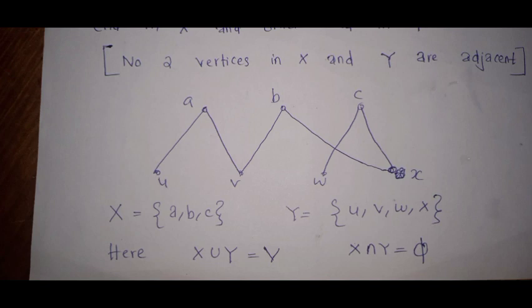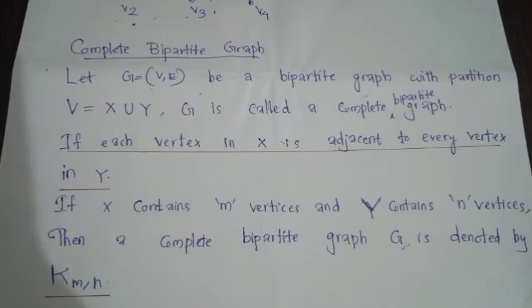That is, in a bipartite graph there are two subsets, whose union is equal to the total set of vertices and whose intersection is the empty set.